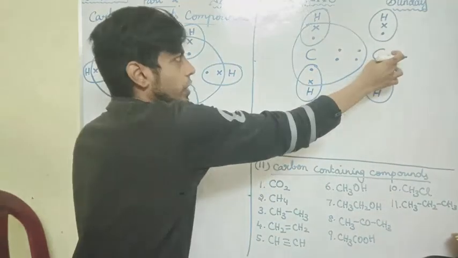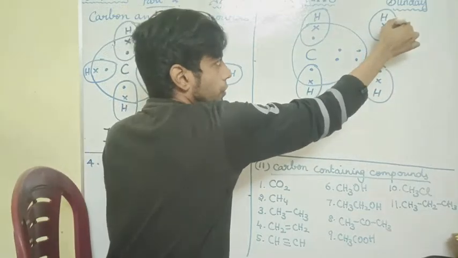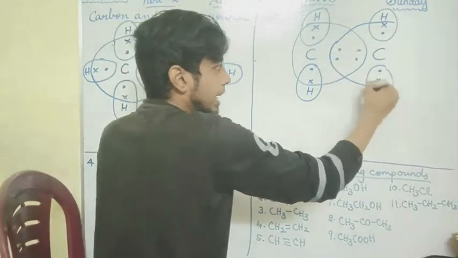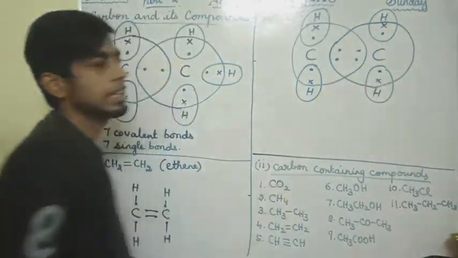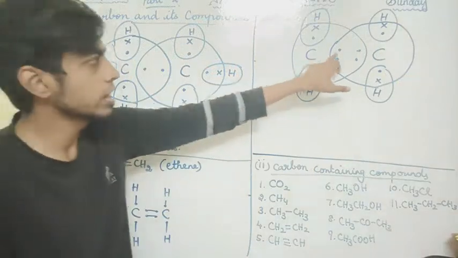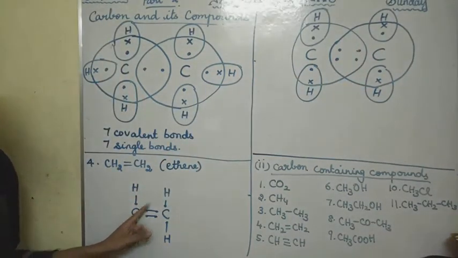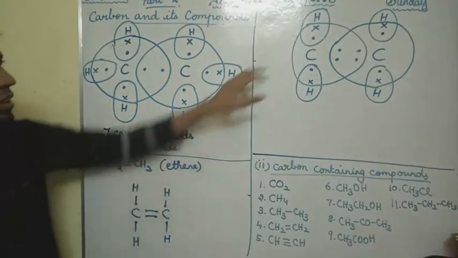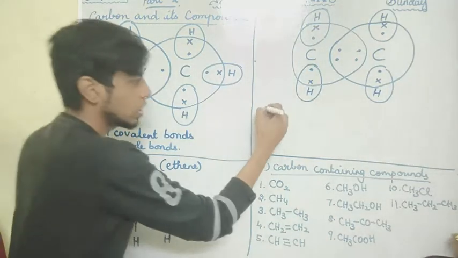Similarly for this carbon, already it is having 4 electrons. Fifth one, sixth and seventh from this carbon, and eighth one from this hydrogen. You have to circle like this. So you can see these two electrons, they have made one bond here, and these two electrons, they have made one bond here. So the other things are all single bonds. So how many covalent bonds are there?